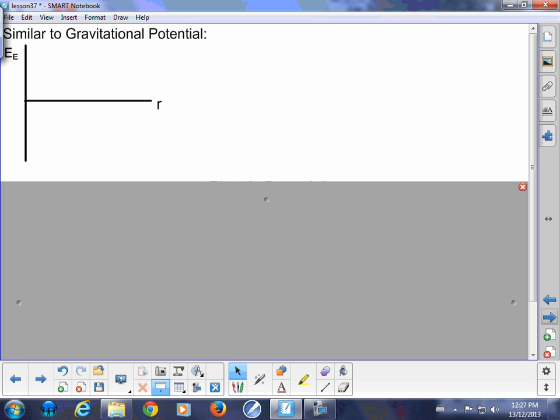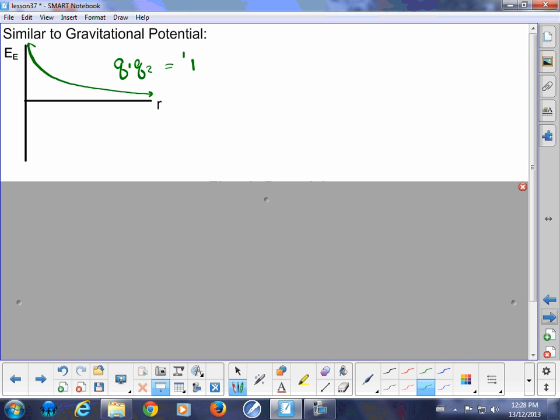So similar to gravitational potential energy, if we look at it graphically, this is stored energy. As the distance moves apart, the amount of energy decreases. The green situation I just drew would be if we were looking at Q1, Q2 being positive charges. So if the two particles were positively charged, you'd have positive energy, and as you moved away, the further apart they are, the less they're pushing on each other.